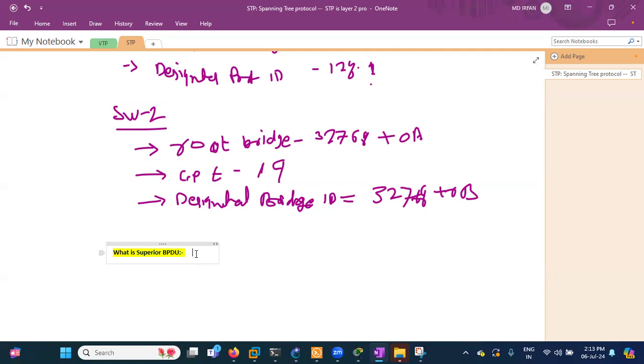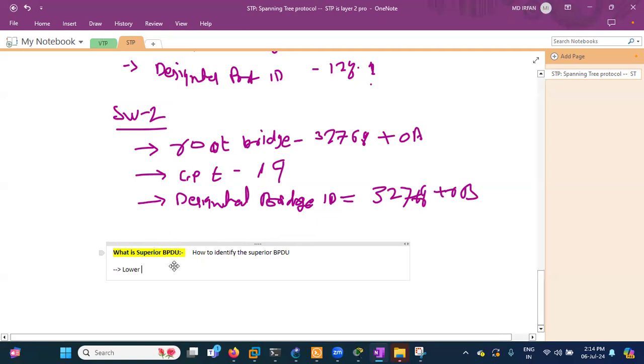Superior BPDU, you can say how to identify the superior BPDU. First is the lower root bridge ID. Whichever interface is sending the lower root ID will become the superior BPDU. Second, lowest cost, this is very important, lowest cost.